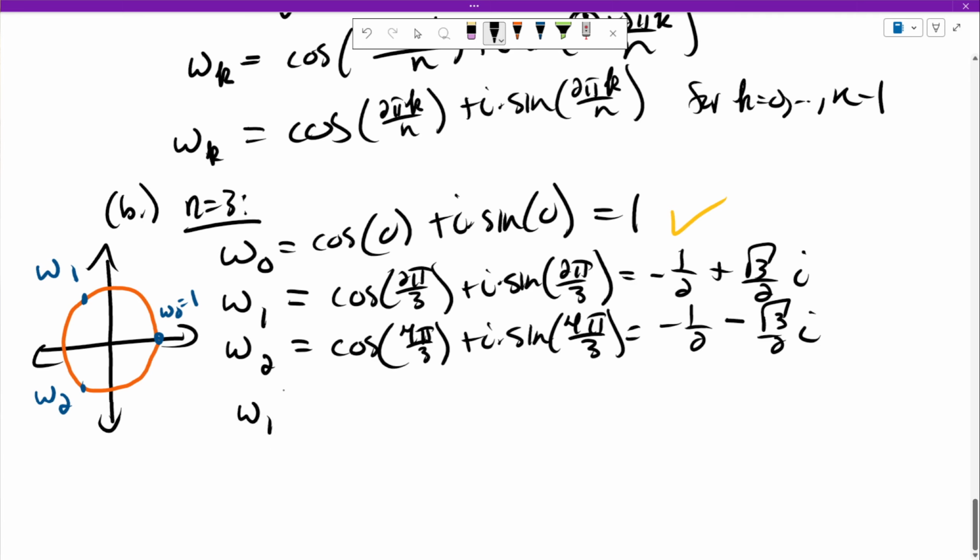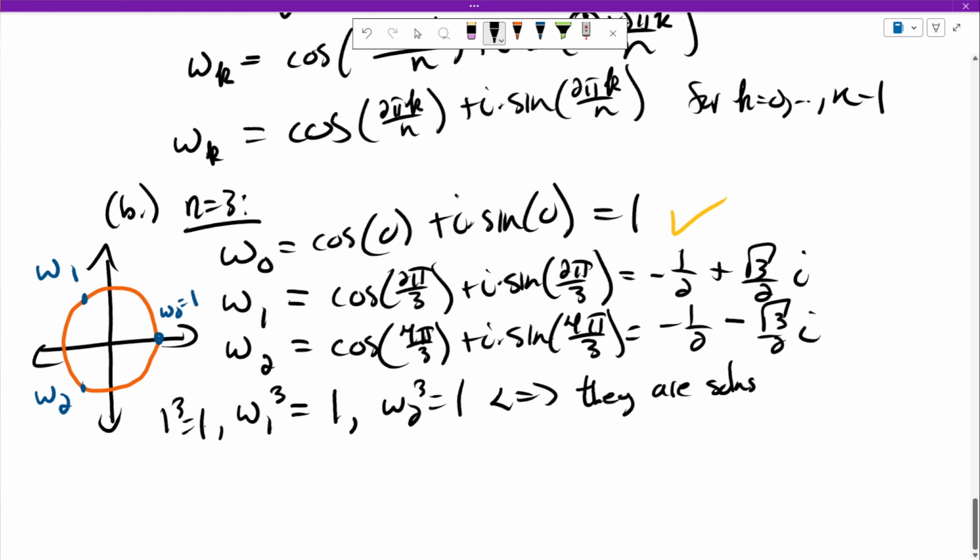When we cube each one of them, we get 1. This is equivalent to solving, well, if we put in 1, then we get all the solutions to z cubed equals 1.